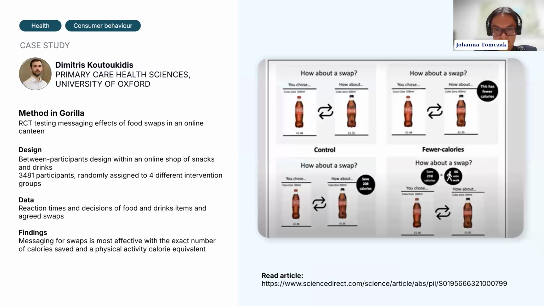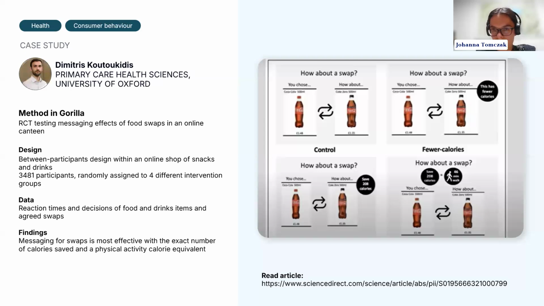Okay, and then we've got another case study here from Dimitris Koutoukidis, who works at the University of Oxford in the primary care health sciences. And what he wanted to do is test messaging effects of food swaps in an online canteen. For example, in the image here, you can see, first of all, in the top left corner, that there's no messaging.